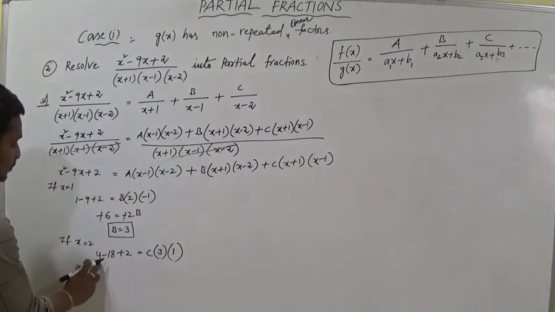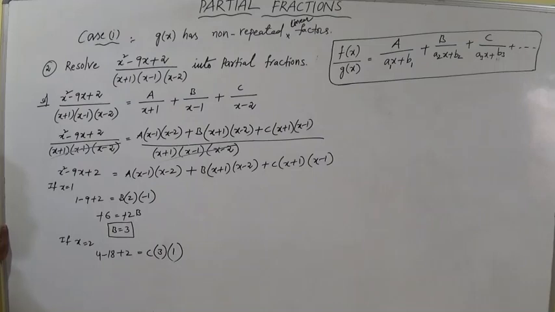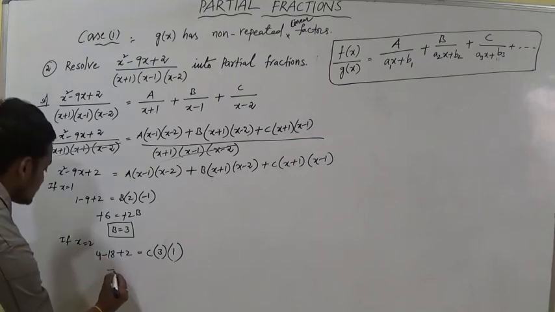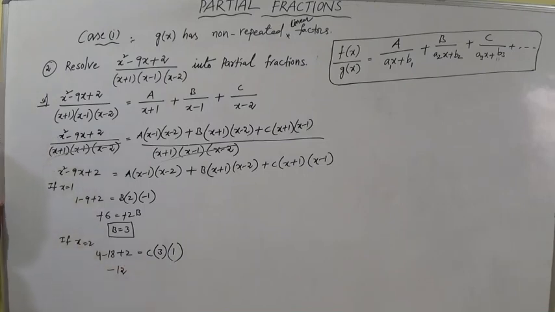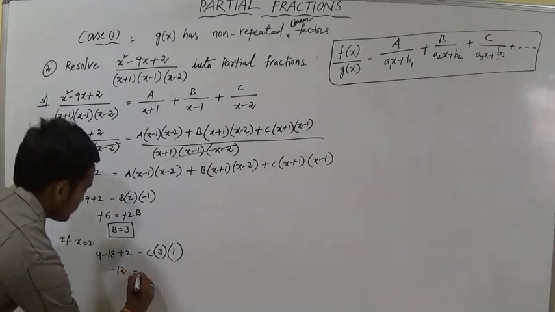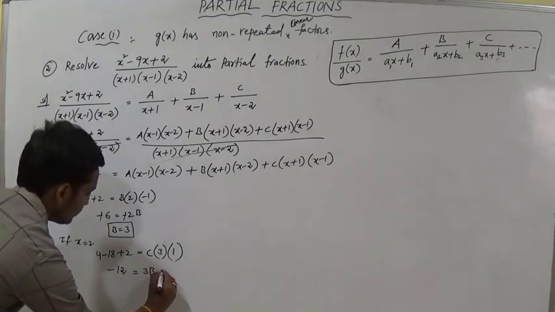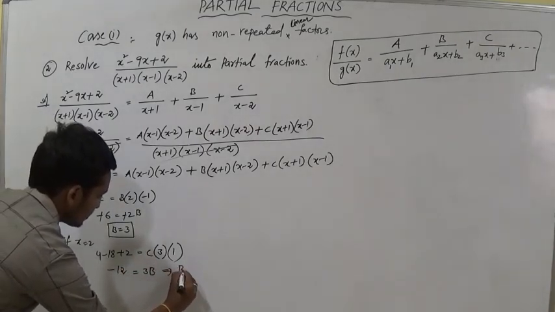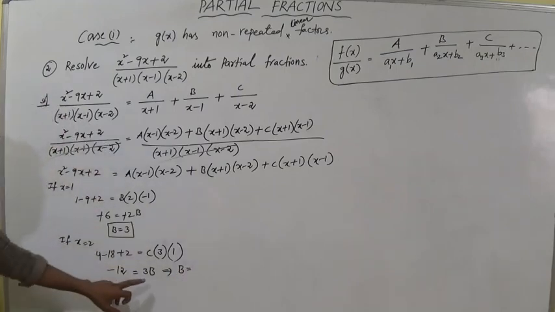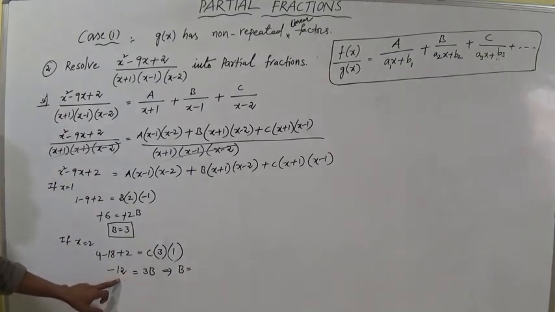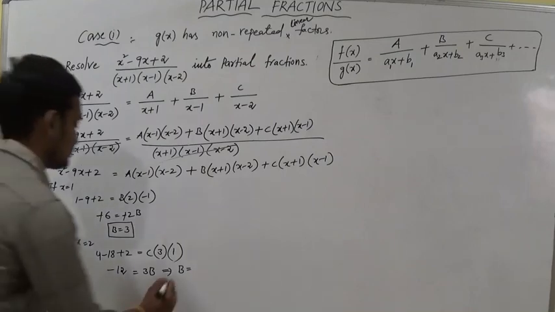4 minus 18 plus 2: 4 plus 2 is 6, 6 minus 18 is minus 12. So minus 12 is equal to 3C.